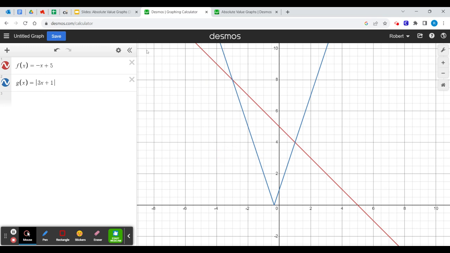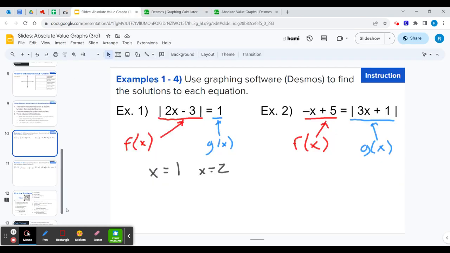And ultimately we're trying to find the values for x. So if we click on these dots and hold them up there, we have negative 3, comma 8, and 1, comma 4. My x values are negative 3 and 1. So that's what our solutions are. Let's write those in. X equals negative 3 and x equals 1.